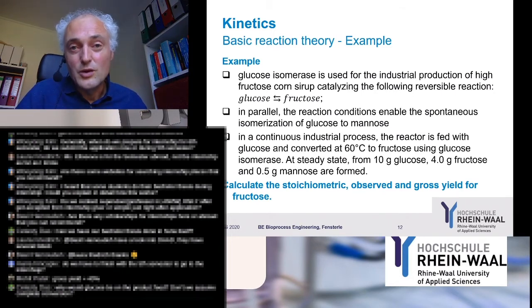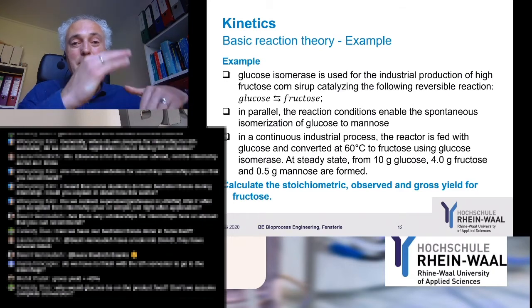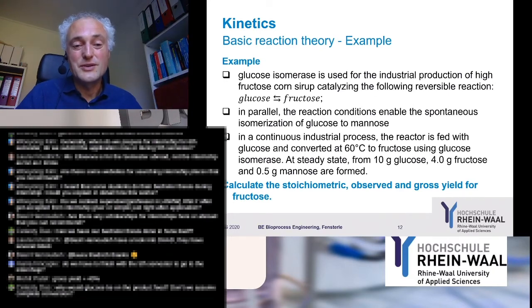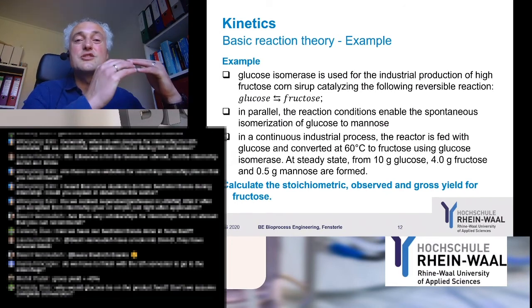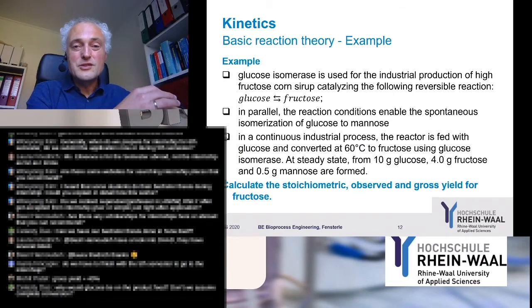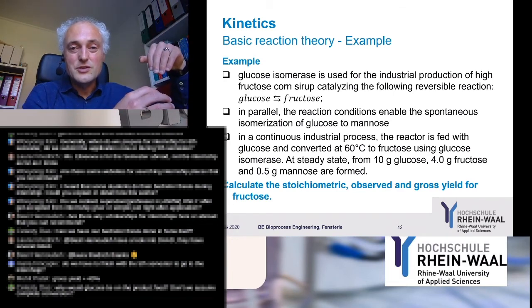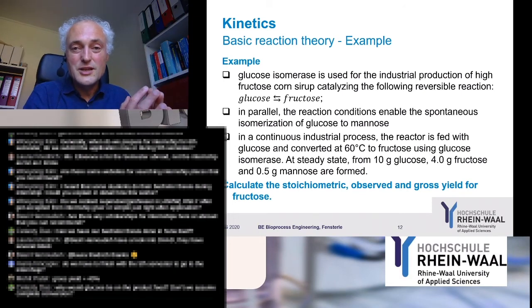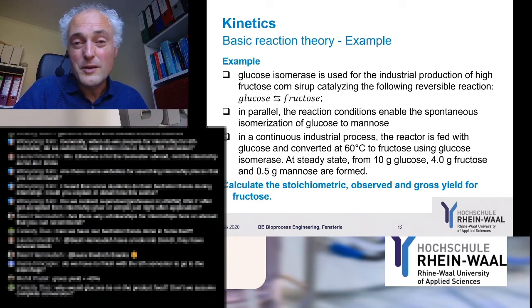By the way, I don't know where the equilibrium is, and of course it also depends on the conditions. I especially don't know by heart where it is at 60 degrees. Let's just assume it's at 50%. But if you go quickly through this reactor with your 10 grams glucose, and the reaction has no time to reach the equilibrium, you might end up with just 1 gram glucose at the end.